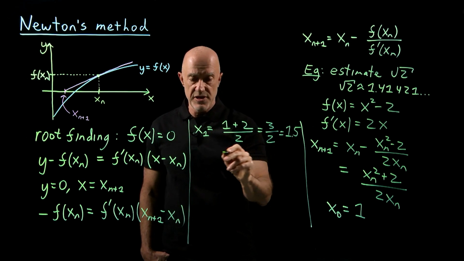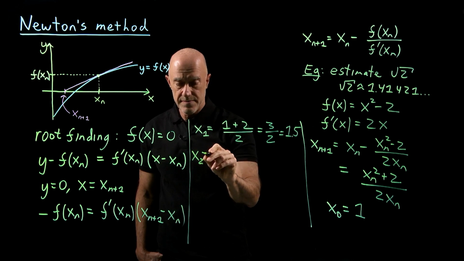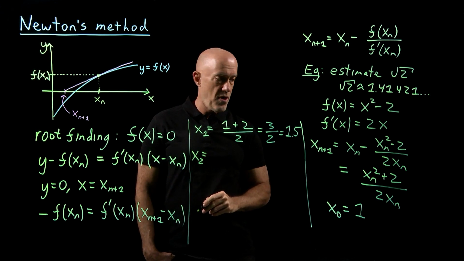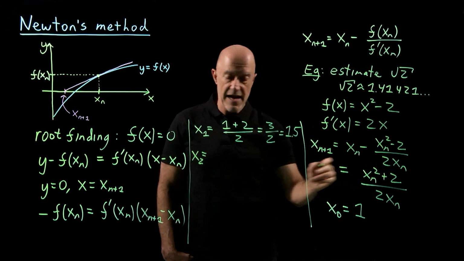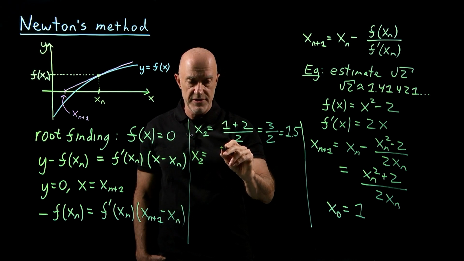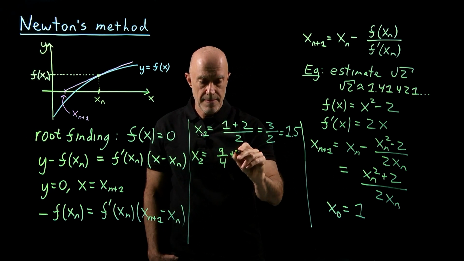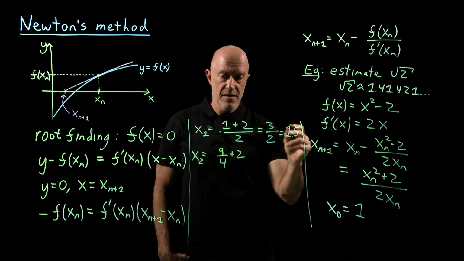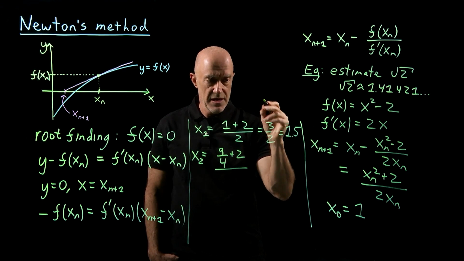The next iteration would be x sub 2. So x sub 2 would be what we would put in x sub 1 here. So it's 3/2 squared, that's 9/4, plus 2, divided by 2 times x1. 2 times 3/2 is 3.